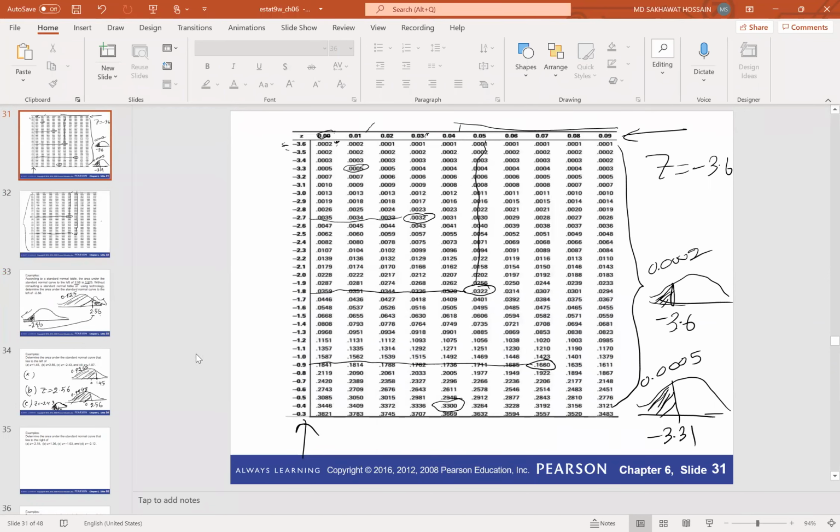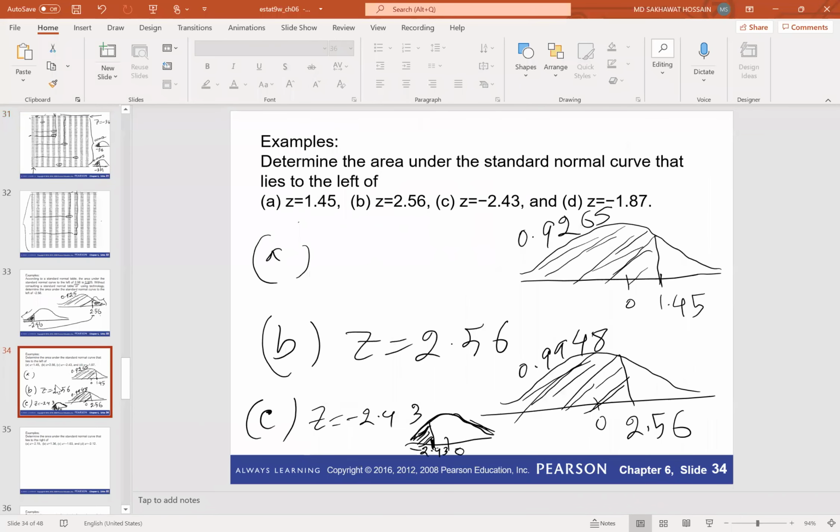So negative 2.43. So negative 2.4. Where is negative 2.4? 1, 2, 3, 4. This row. And the second digit is 3. So that means this one. So here and here. So this is the area, 0.0075. So the corresponding area will be 0.0075.